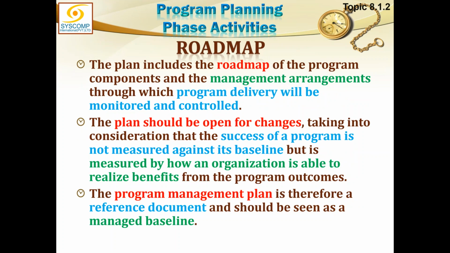The plan includes the roadmap of the program components and the management arrangements through which program delivery will be monitored and controlled. So this is an outline plan of how the components of the program will be orchestrated, how they will be arranged, and how they will be monitored and controlled. So this is a broad outline.